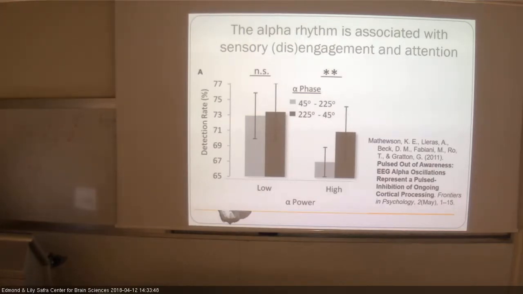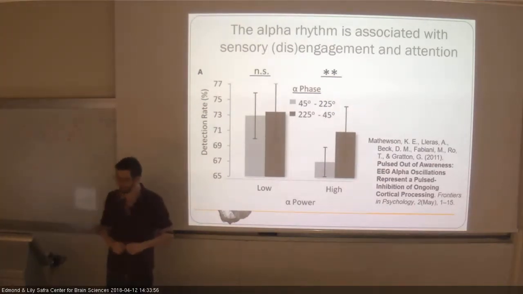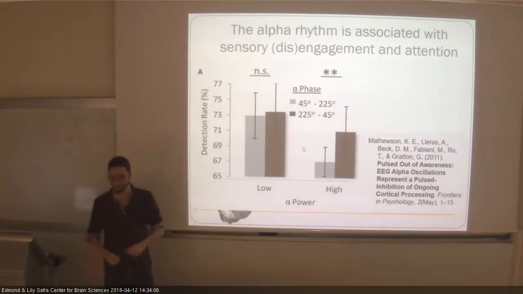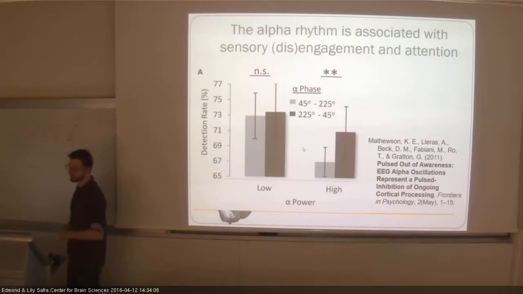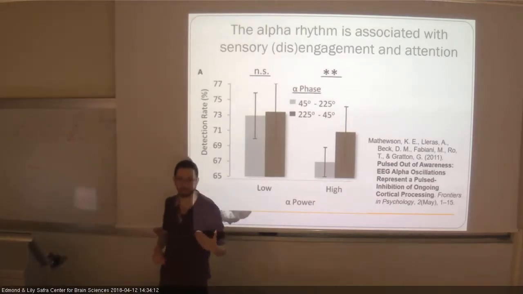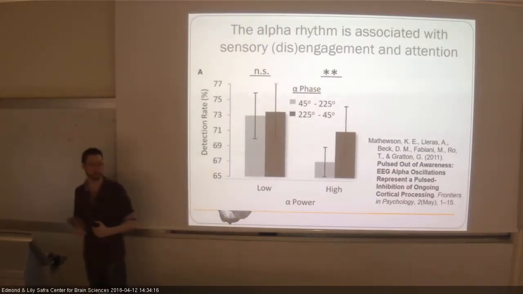And this study found, and other similar studies also found, that this makes a difference in the probability of detecting the stimulus. This is what you see here. Different phases of the alpha cycle are associated with different detection rates. And this led to further hypotheses about the alpha rhythm also acting as a sort of pulsed inhibition mechanism.